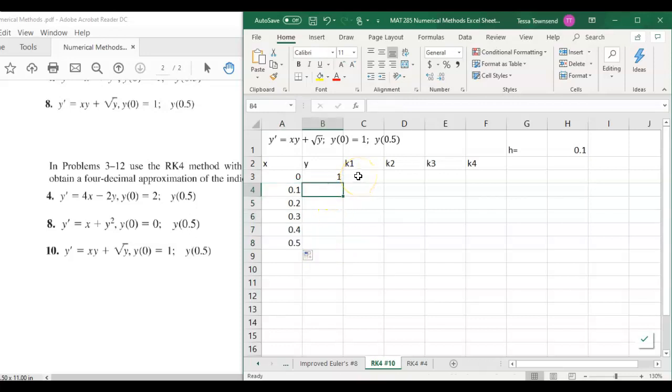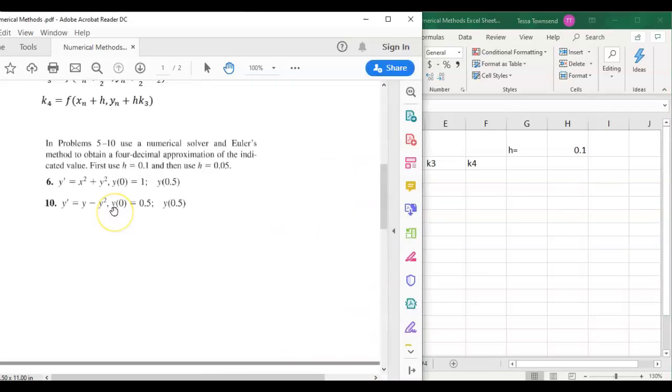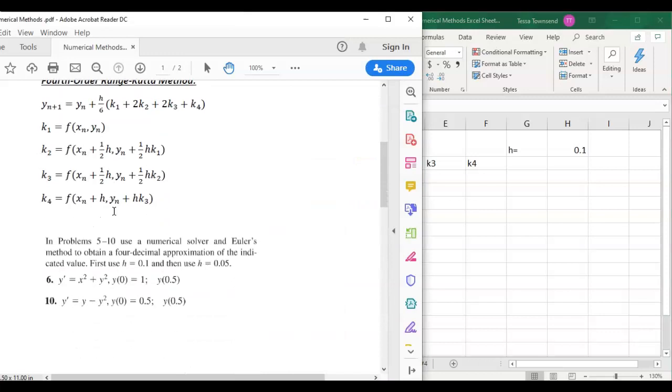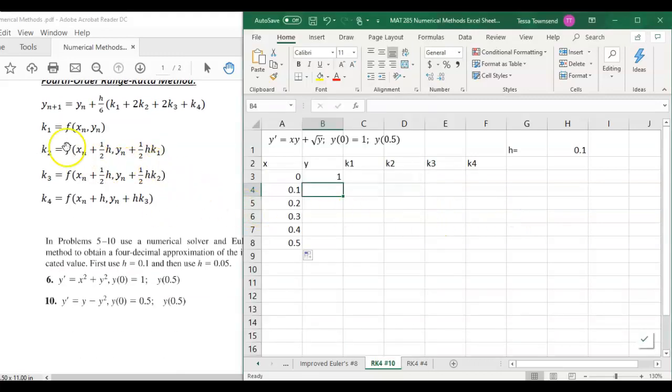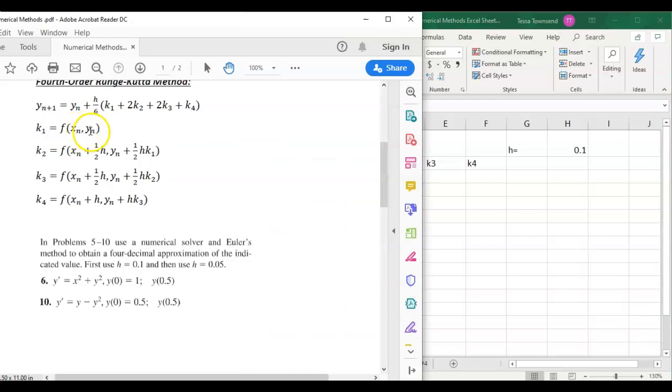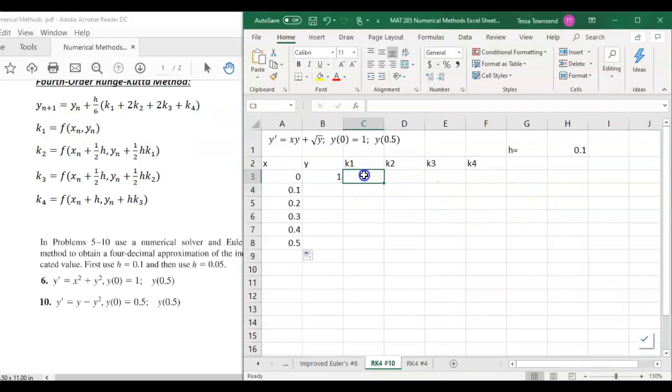So we're going to have to compute some k values first. Let's go back to our formulas. To find K1, we need to evaluate at that xn, yn. So I'm going to put that in here. That way all of my xn, yn stuff is in that same line.